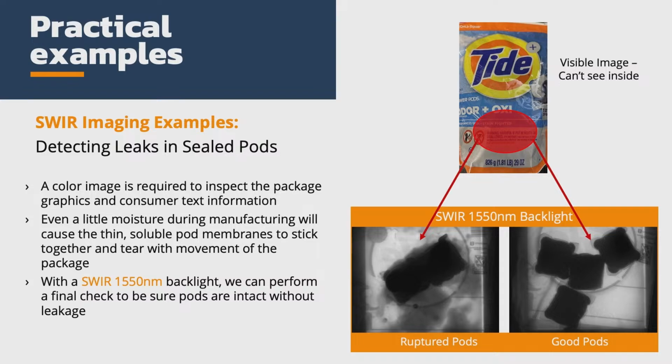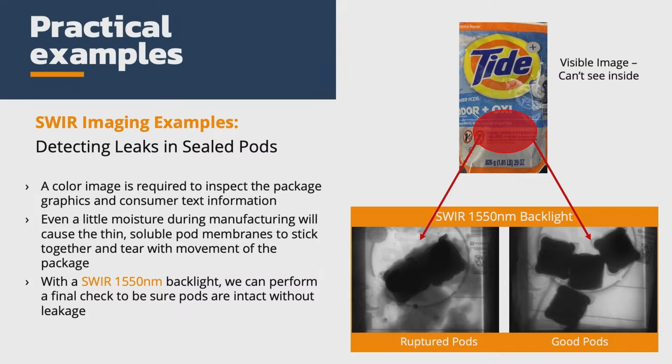So if any water comes in contact, even the littlest of splash or mist on these things, and they're put into these bags, they tend to stick together, and the moment there's any kind of mechanical movement of that bag, they stick and then they tear and rip open, and then once their own liquid is out, it starts melting into the other packages, and you get kind of this lump of material in there.